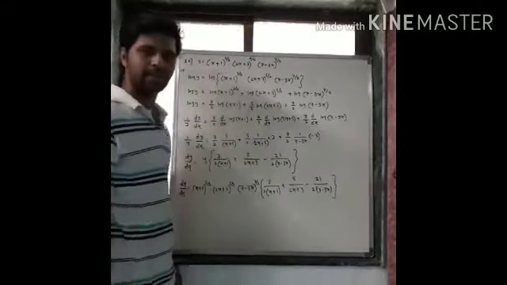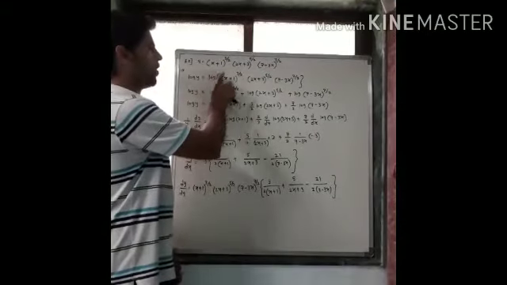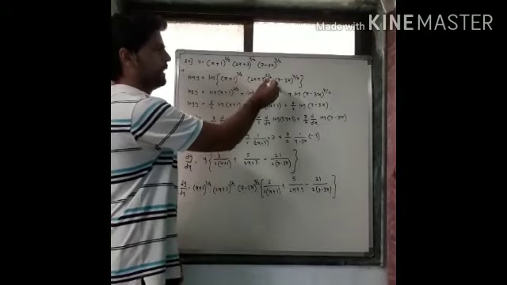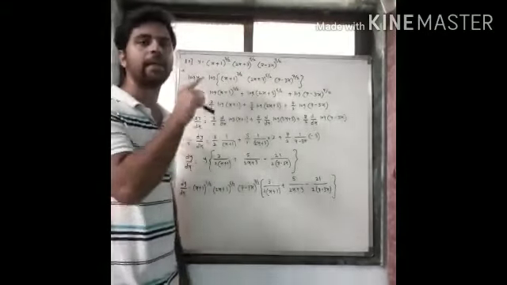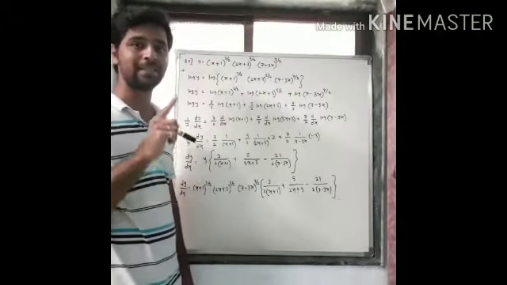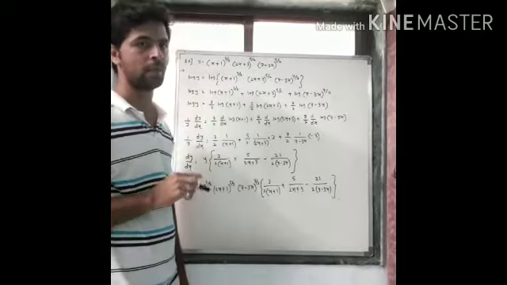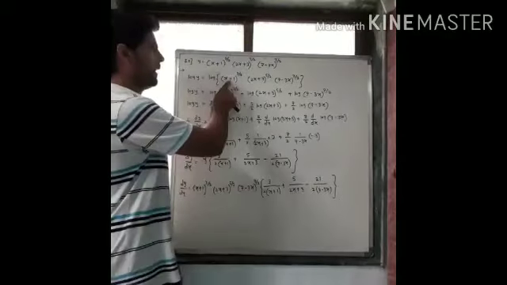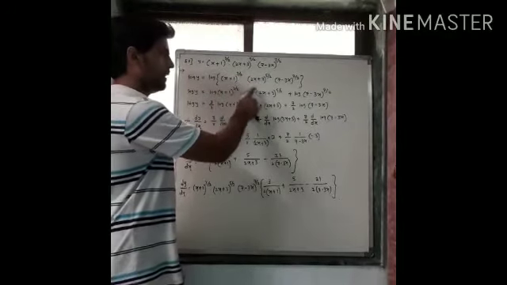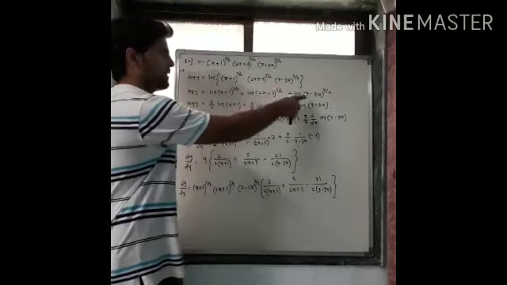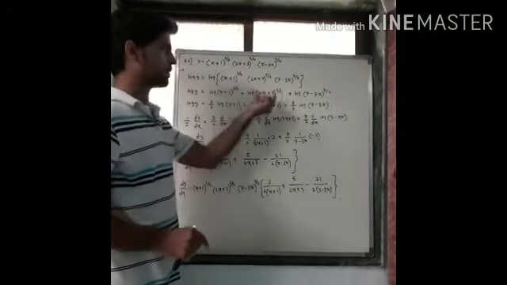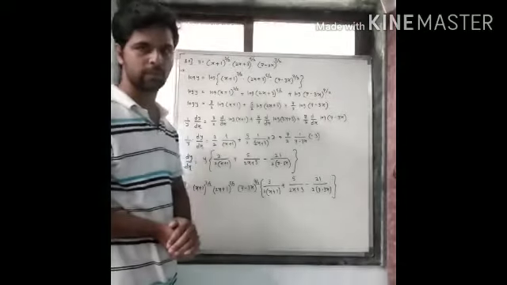Your right side is in the form of log of a into b into c. Log of a into b into c is nothing but log a plus log b plus log c, right?